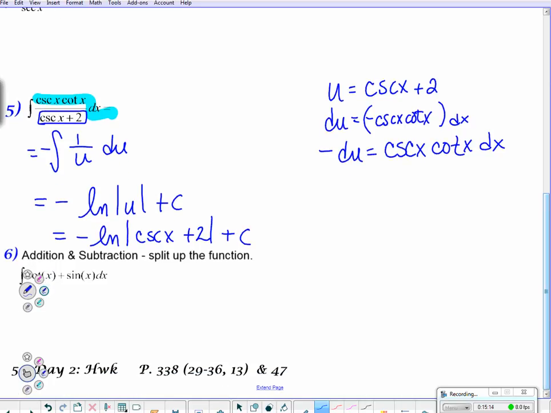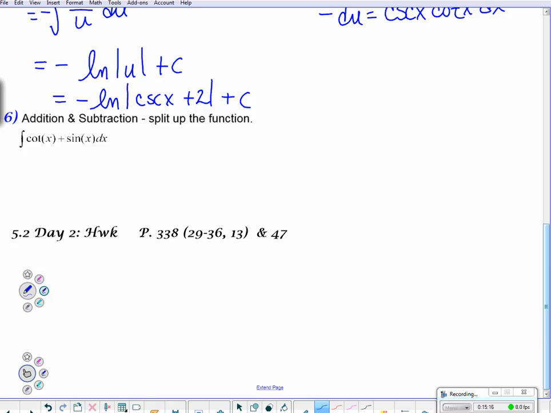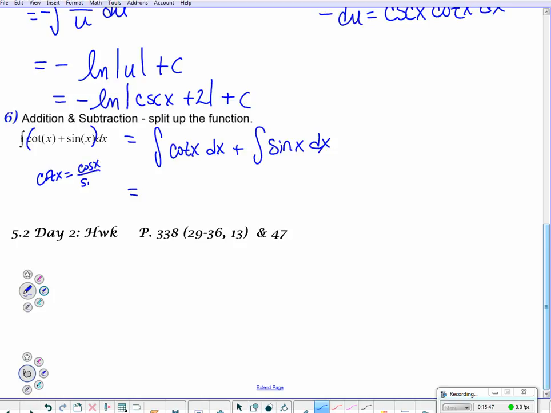Okay, final problem number 6. Addition and subtraction of terms within an integral allow us to separate these up. This should have had an extra set of parentheses there. All right, so we're going to get the integral of cotangent x dx plus the integral of sine x dx. We can treat them separately. The integral of cotan, remember my hint, cotan x is like a cosine x over a sine x.